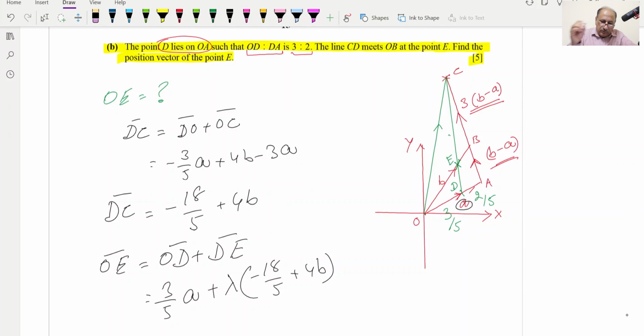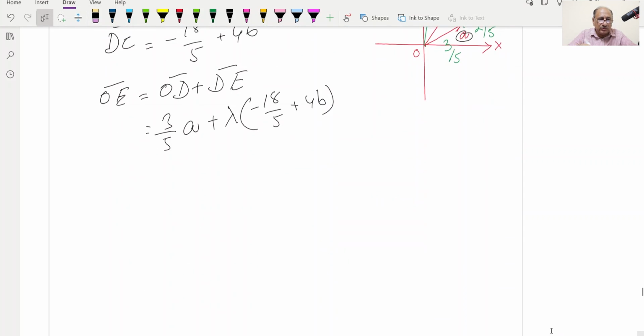This is what I have removed, the extra arrows and circles, and now this is our equation, and we can simplify this. This will be 3 by 5a plus, when we open the bracket, minus 18 over 5 lambda a, and plus 4b lambda, and this side is equal to OE. Now we can compare.